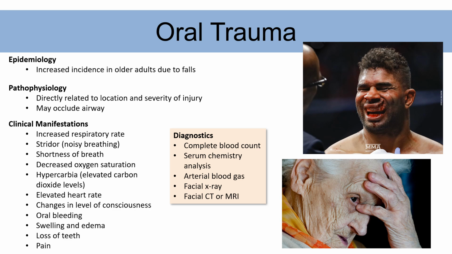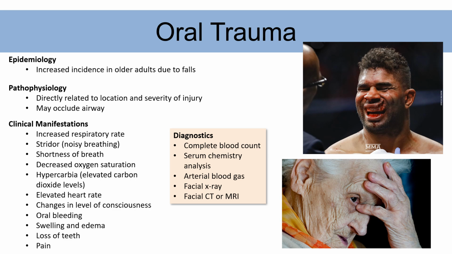Next is oral trauma. So this refers to injury to specific bones of the face, including the nasal bones, mandibular bones, maxillary fractures, and any soft tissue injuries in and around the mouth. So it can be minimal to really, really major.